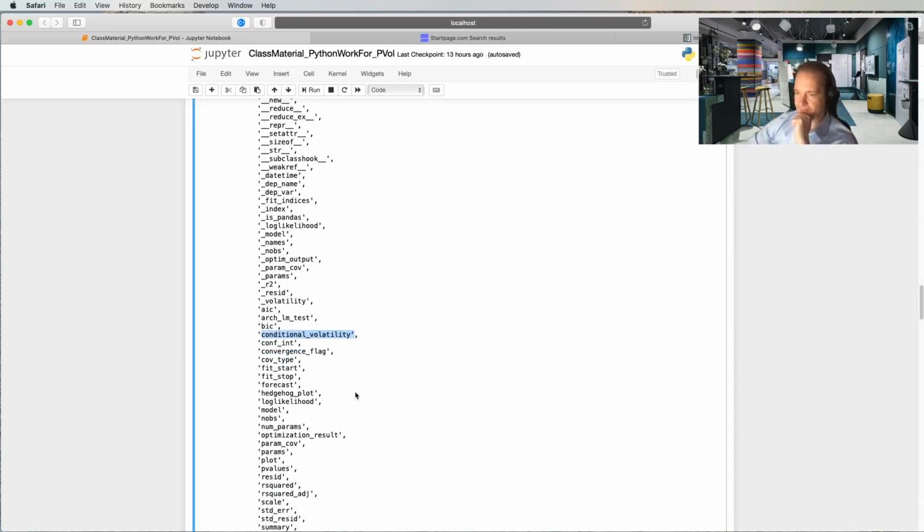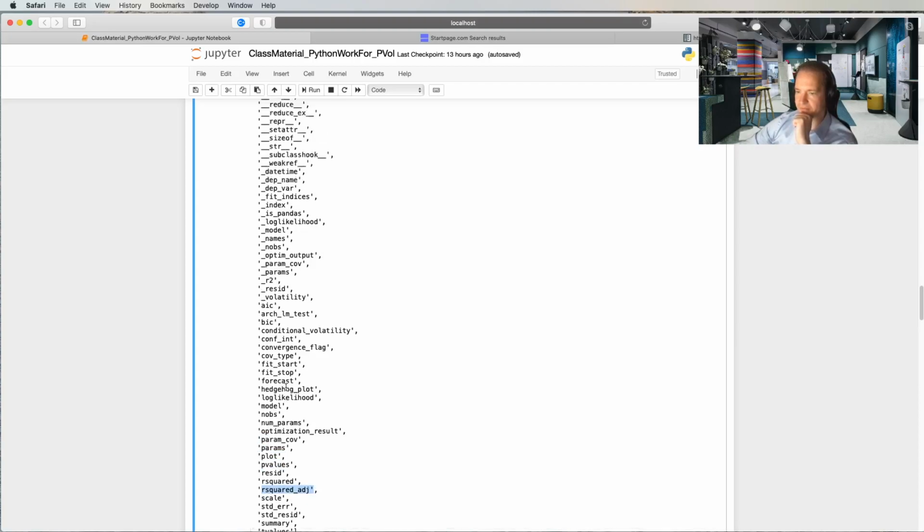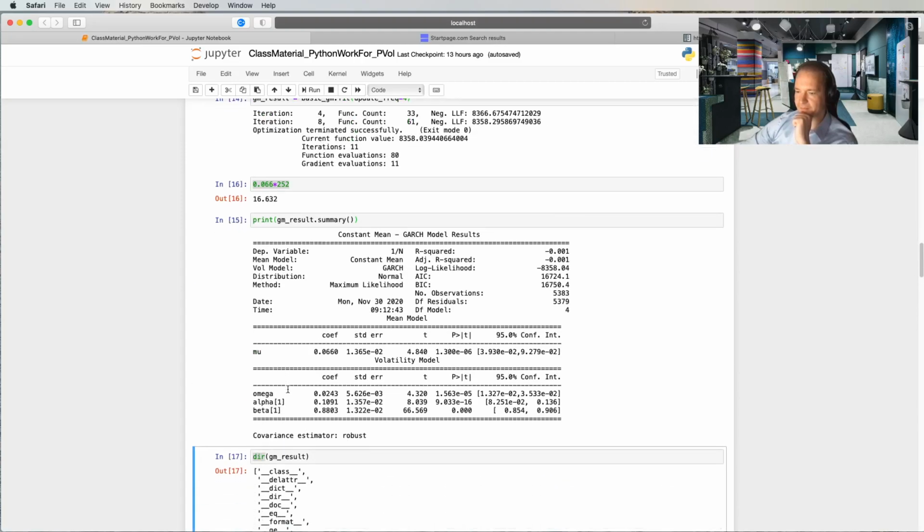It even has a plot function, the p-values, the adjusted r-squared, the t-values.